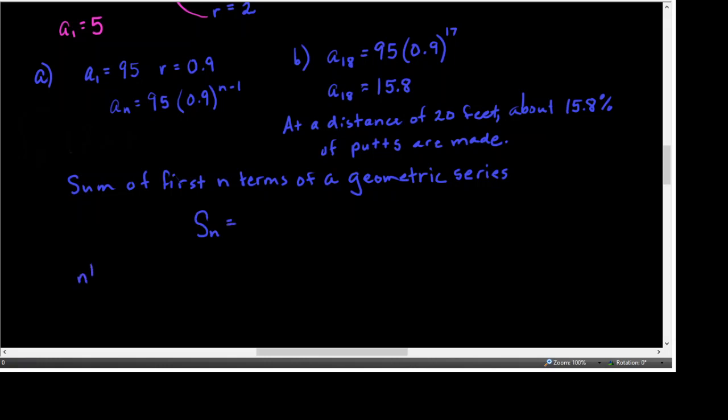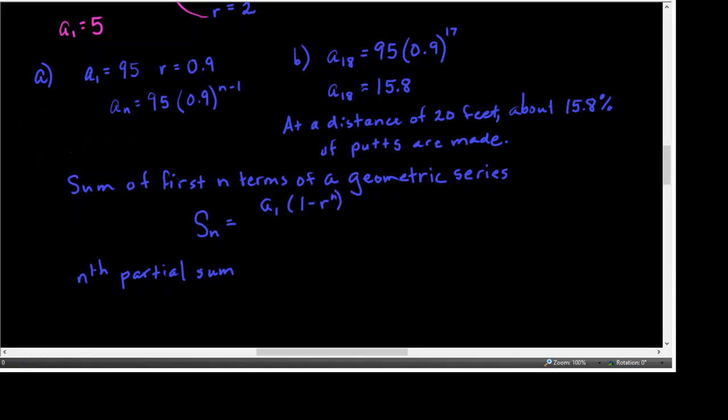Let me write that down again. The nth partial sum, capital S sub n, is the first term times 1 minus r to the nth.